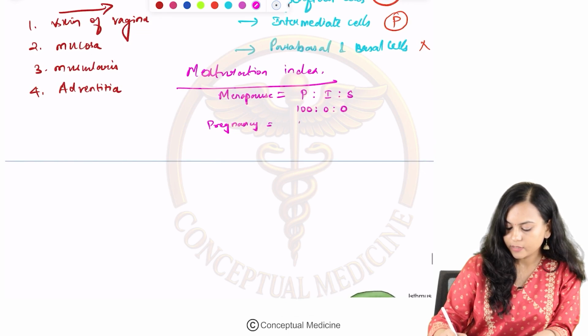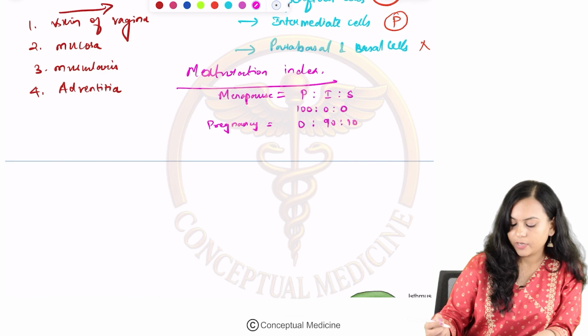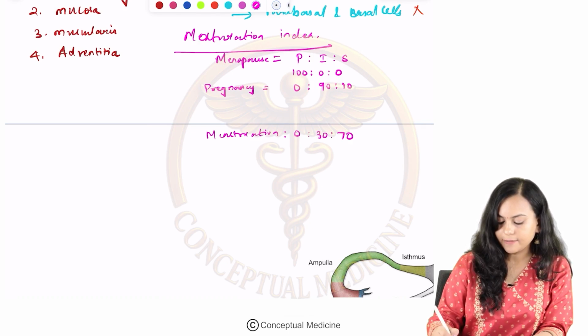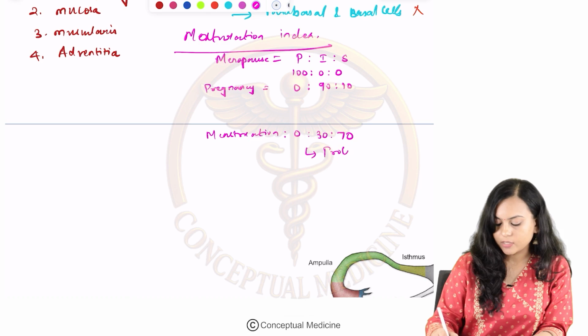So, it is 0, 90 and 10 in pregnancy. And in case of menstruation, the ratio is basically 0, 30 and 70, and this is mostly seen during the proliferative phase of the menstrual cycle. Okay.